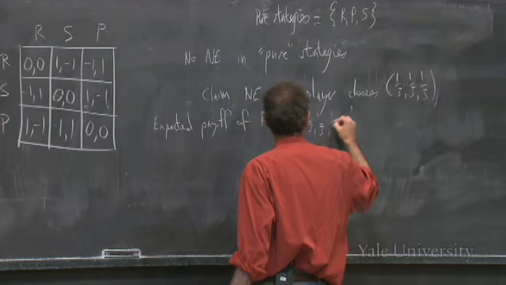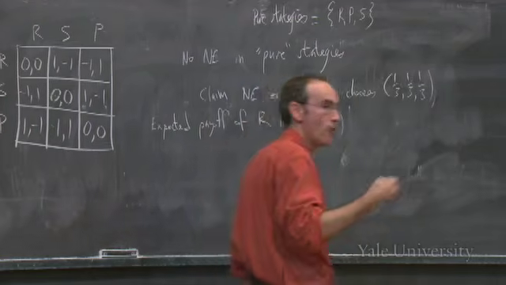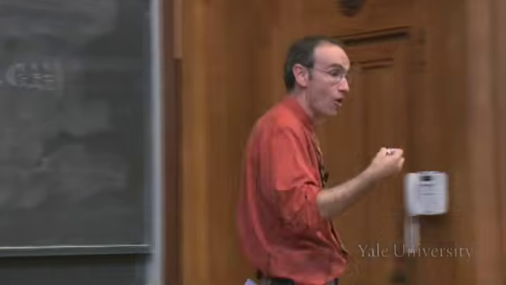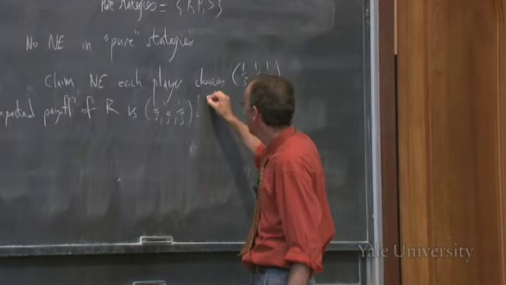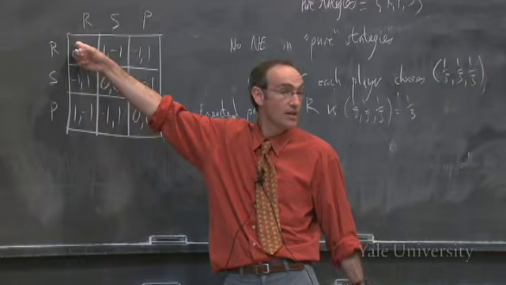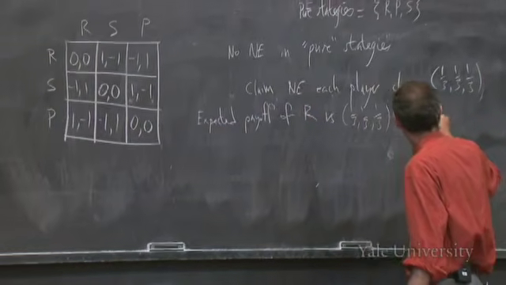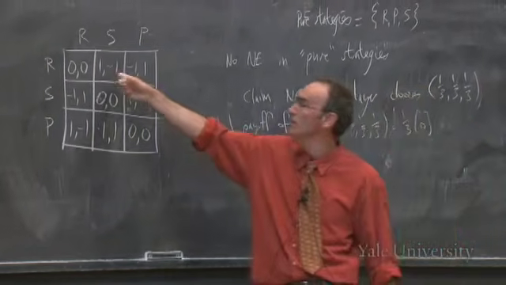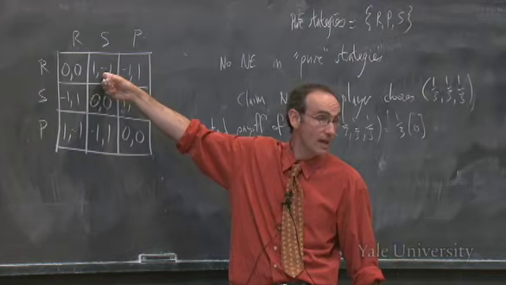So the other person's randomizing equally over rock, paper, scissors, and I'm going to choose rock. What would be my expected payoff? Well, I claim that with probability a third, I'll meet another rock and get 0. And with probability a third, I'll meet a scissors and get -1.